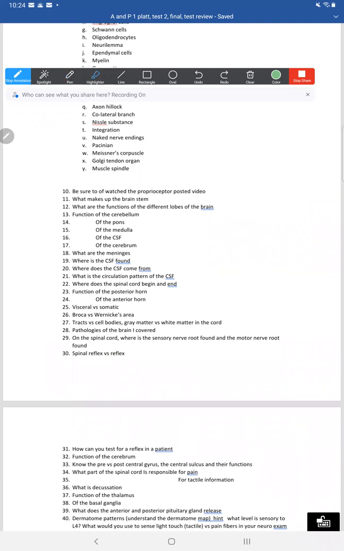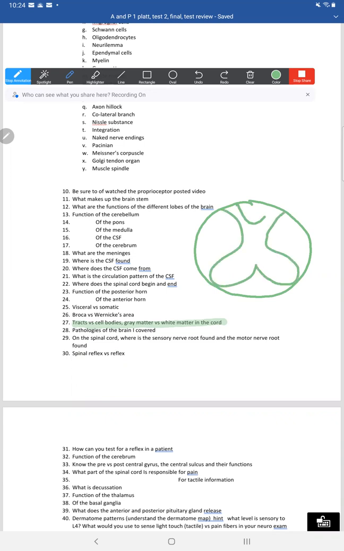Okay, tracks versus cell bodies versus gray matter versus white matter in the cord. So we drew a cross section of the cord. Right, you've got the gray matter, and then everything else is the white matter. All right, the tracks. So remember, divide the cord in half.